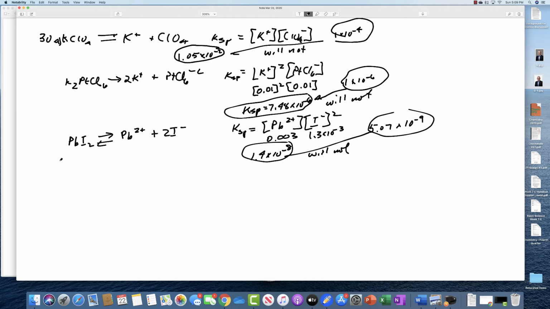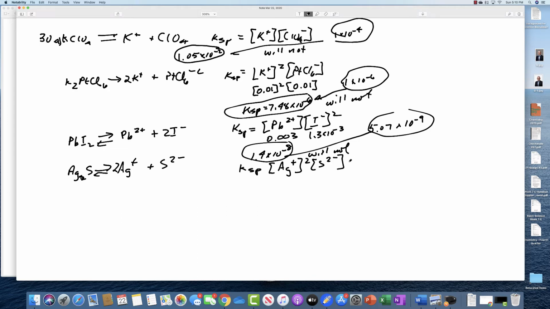The last one, silver sulfide, goes to form 2 silvers plus sulfide. KSP here is silver ion concentration squared times sulfide.